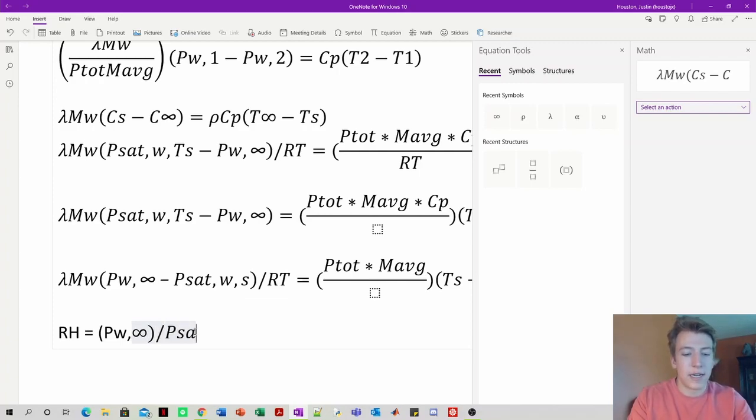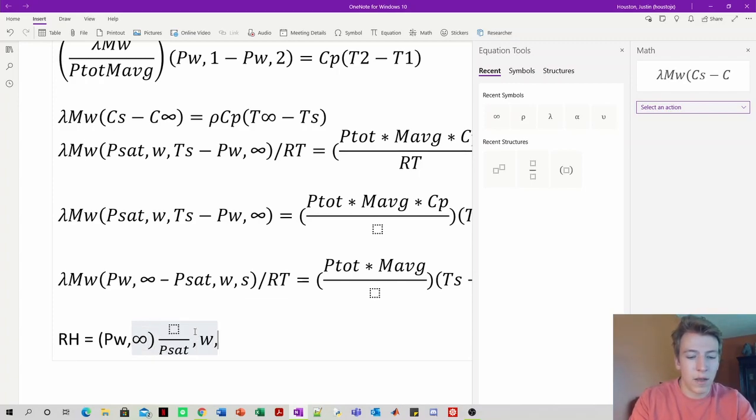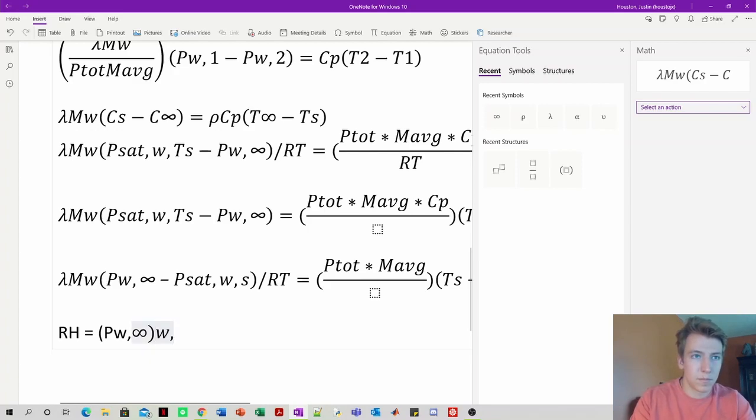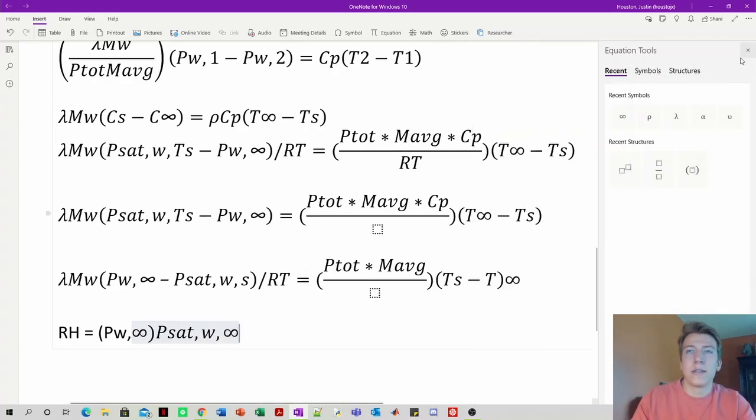And that's all over the saturated water at infinity as well. So there is our equation for the relative humidity once again. And that concludes part A of this exam.